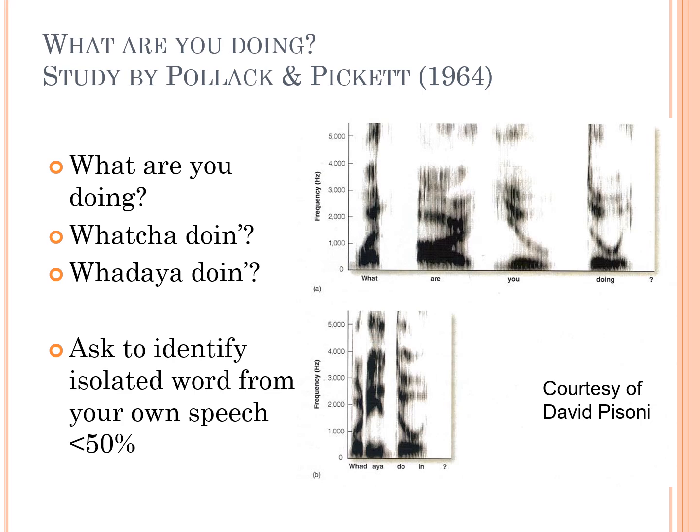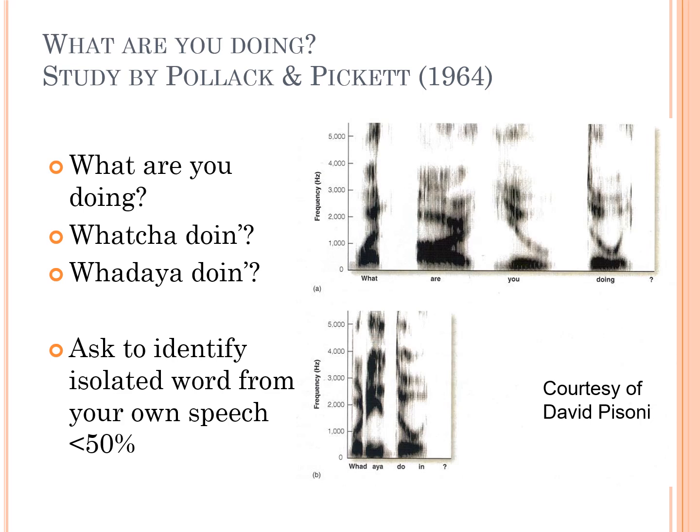In a now really classic study from 1964 by Pollock and Pickett, the participants were, presumably, waiting for the experimenters to get ready or for another participant, and they're waiting in this waiting area, and there's a confederate out there, another researcher who's asking them questions and getting them to talk.